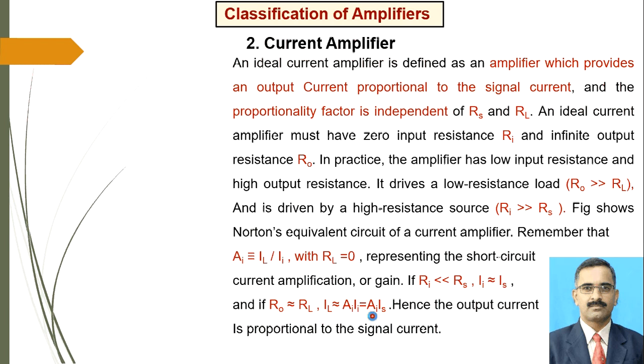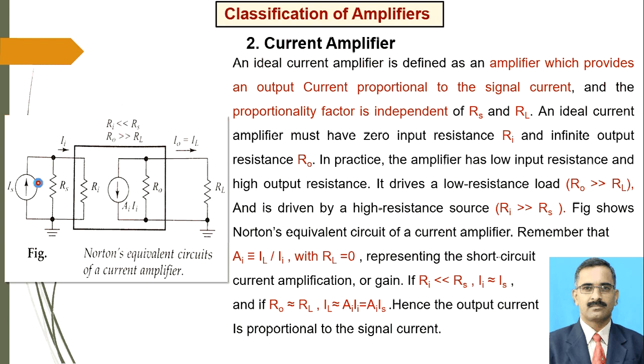Hence, the output current is proportional to the signal current. So Norton's equivalent circuit is considered for the current amplification.